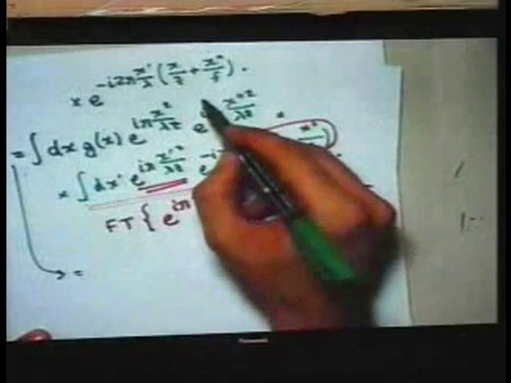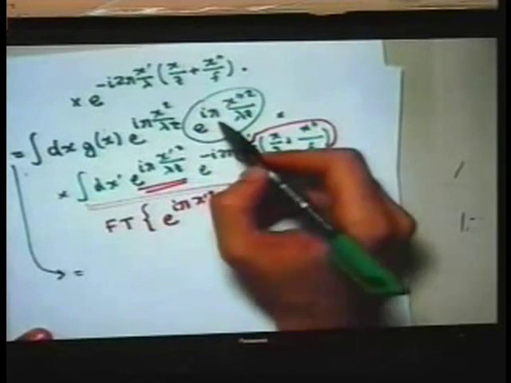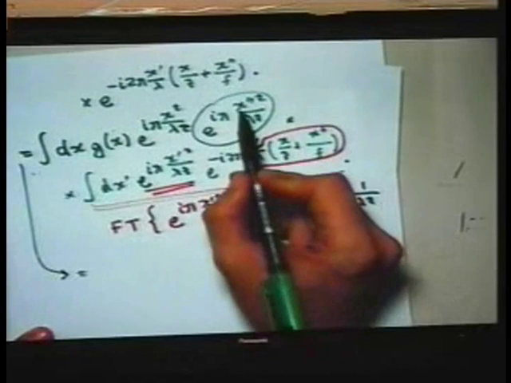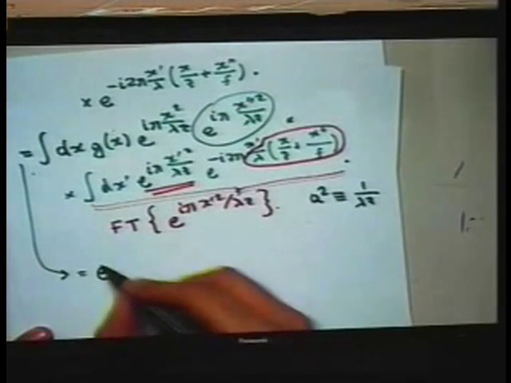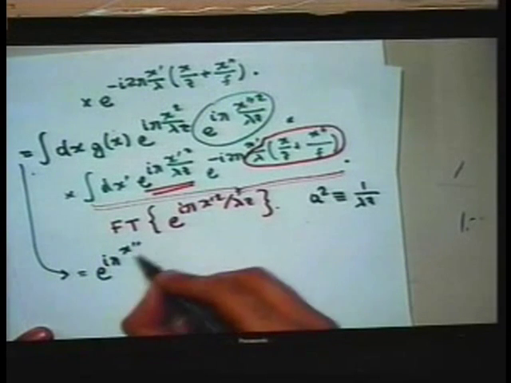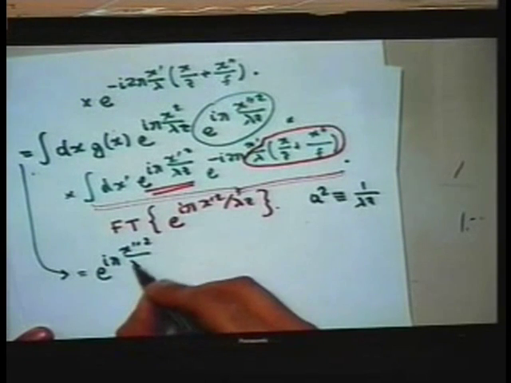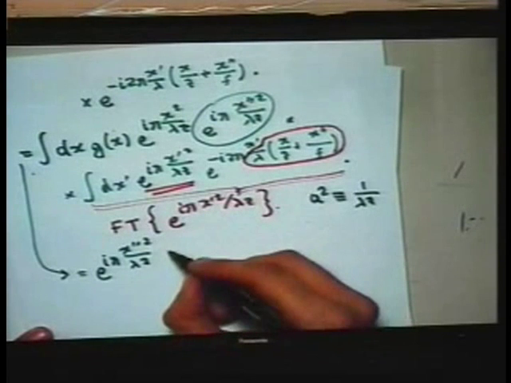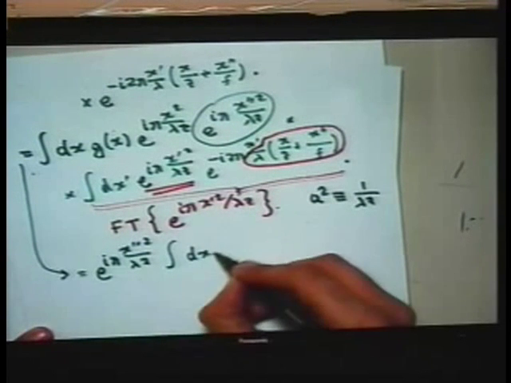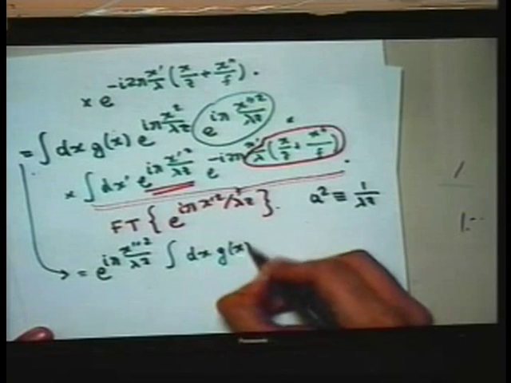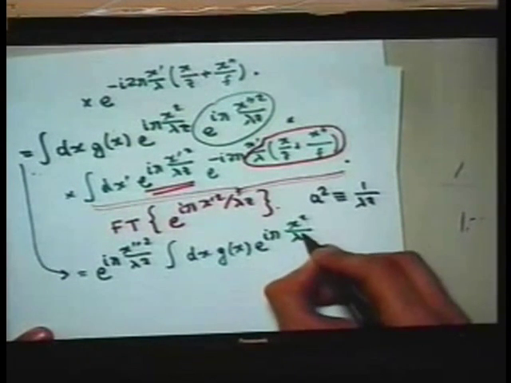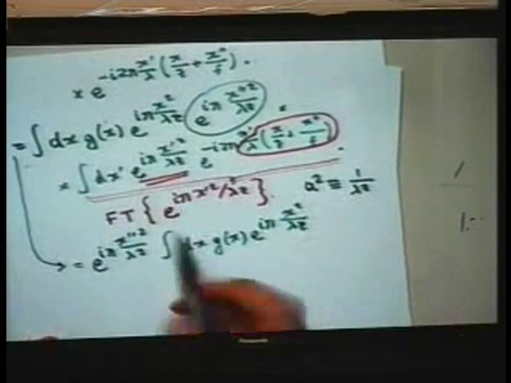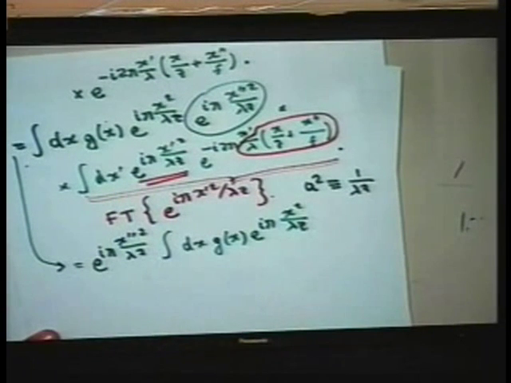first of all, before I go any further, we recognize that this does not play in the integration. This has the output plane coordinates, so I will simply take it outside. And then I will write out in one shot the outcome of this Fourier transform.